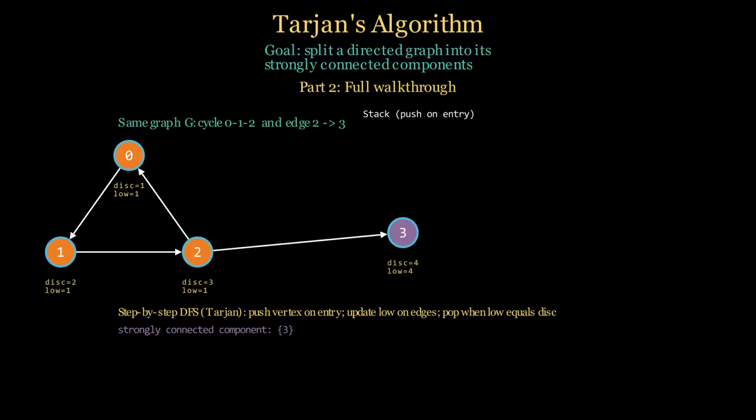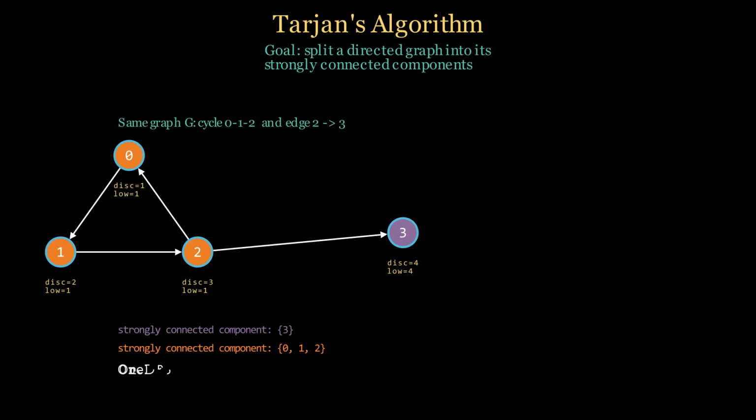Those 3 vertices form the second strongly connected component, the directed cycle among 0, 1, and 2. That is Tarjan's method: one depth first search, low link numbers, and a stack to extract strongly connected components.